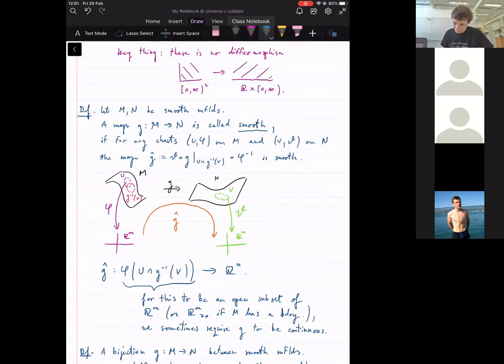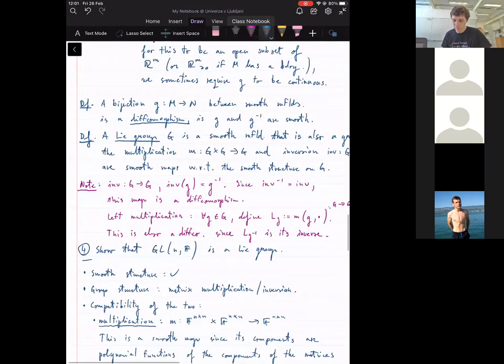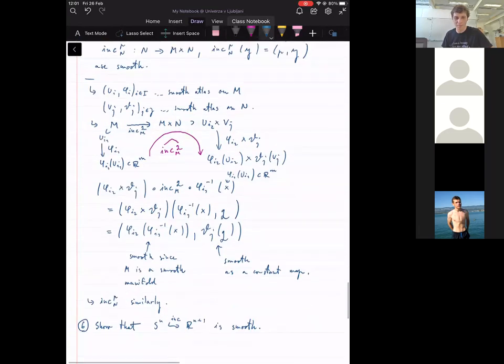This is the definition of a smooth map between two smooth manifolds. But what's the definition of a smooth map? Oh, you mean a smooth map between Euclidean spaces?